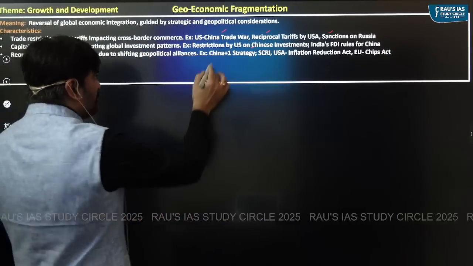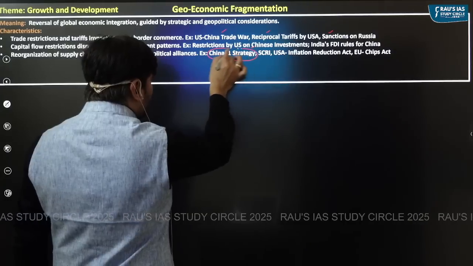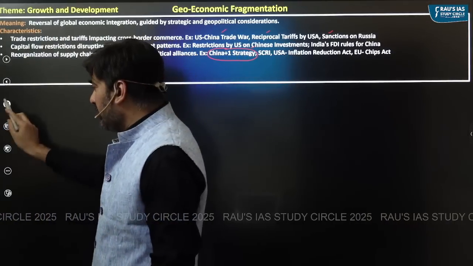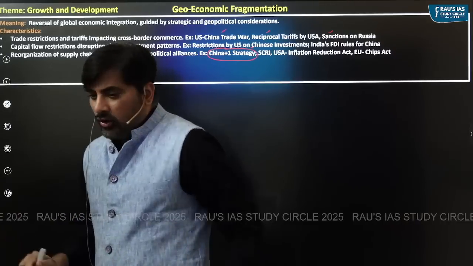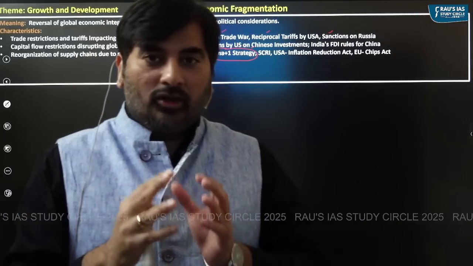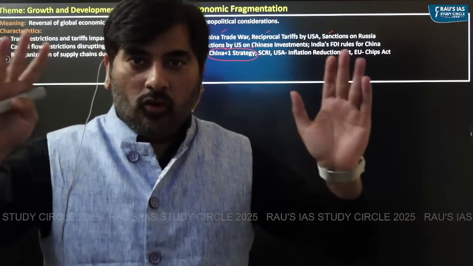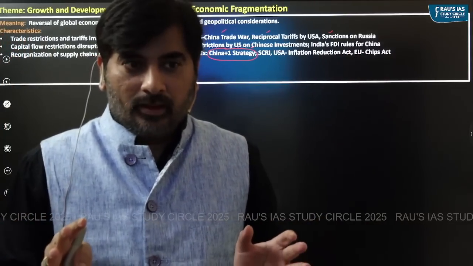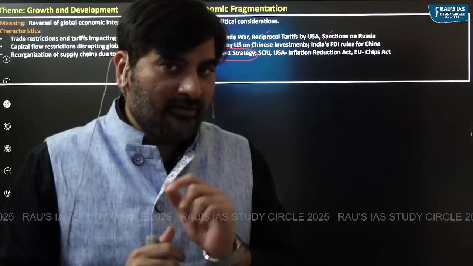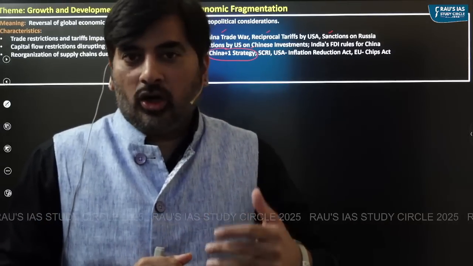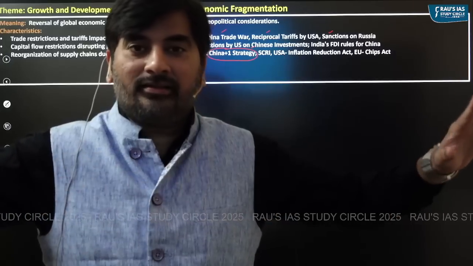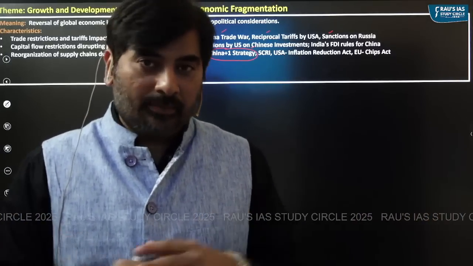The third restriction can be seen in terms of reorganization of supply chains. For example, it can be seen in terms of China plus one strategy. What is this China plus one strategy? See, the COVID-19 pandemic has exposed the dominance of China in the global supply chains. And it has shown that if we rely too much on one single country for supply of critical products, critical components, the entire supply chain would get disrupted.